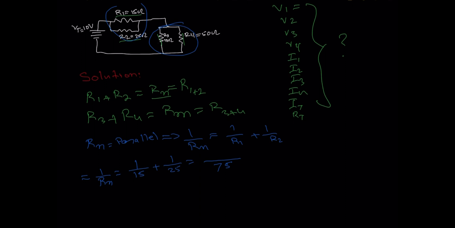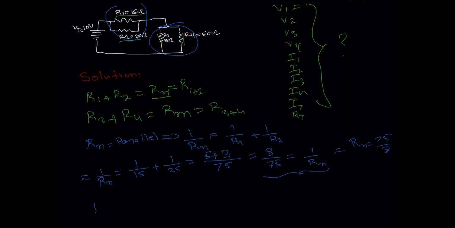So 75 divided by 15 we get 5, 5 times 1 is 5, plus 75 divided by 25 is 3, and 3 times 1 is 3. So it will be 8 over 75, equal to 1 over Rn. Now you flip these two fractions, we get Rn equal to 75 over 8. 75 divided by 8 is 9.375.